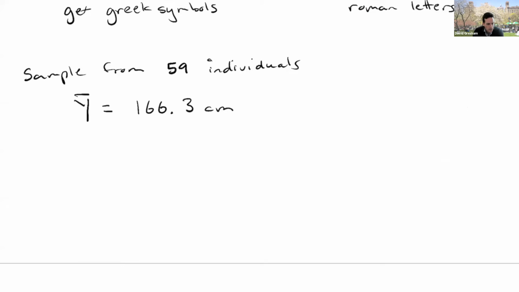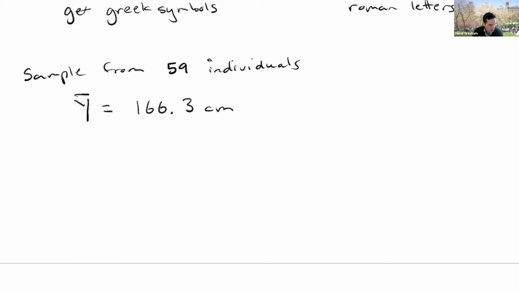All right. Now, let's say we were so inclined to go out into the NYU student population and take another random sample of 59 individuals, and compute the mean of that sample.